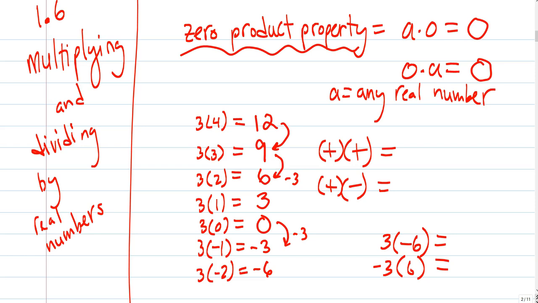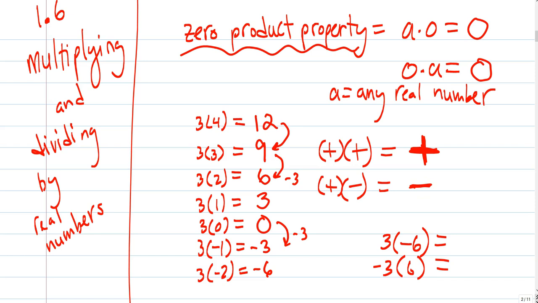We generalize this pattern by saying, every time I multiply a positive and a positive, that makes sense. I can count 3 four times, 3 three times, 3 two times. Whenever I multiply a positive with a positive, I get a result that is positive. But when I start multiplying that positive by a negative, as I keep taking that away, once I get past 0, that makes the result negative.